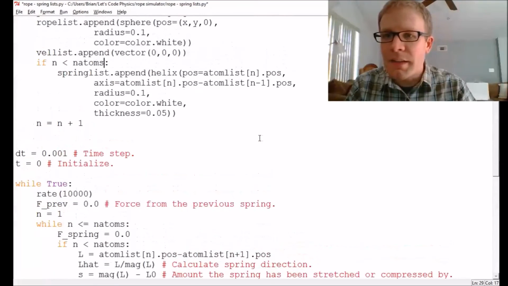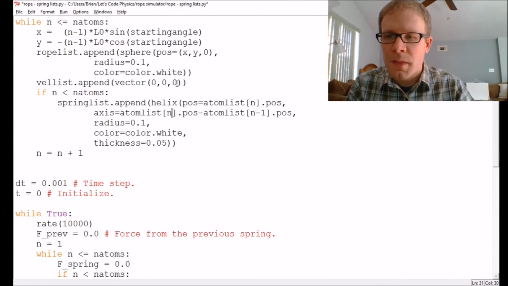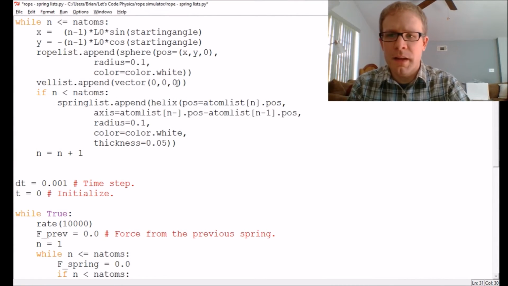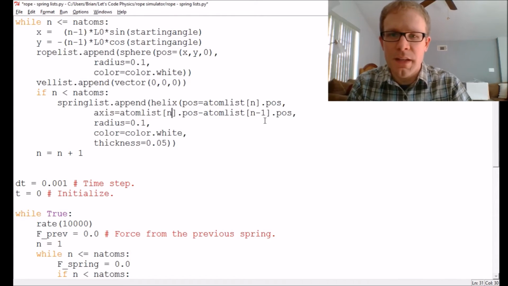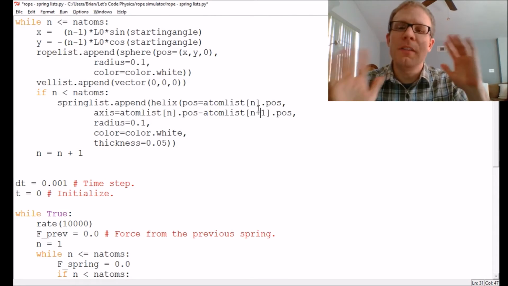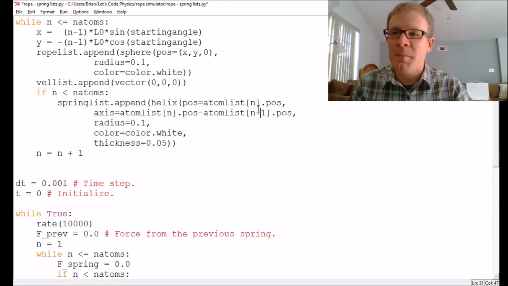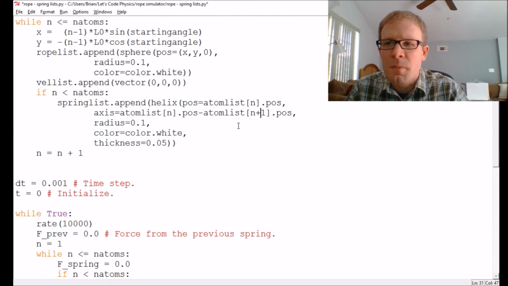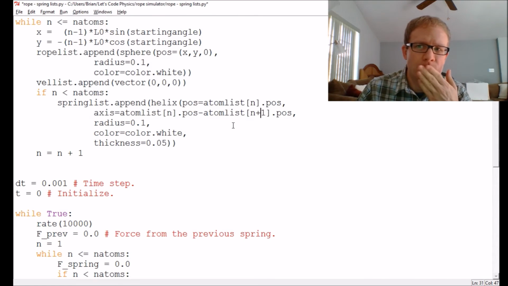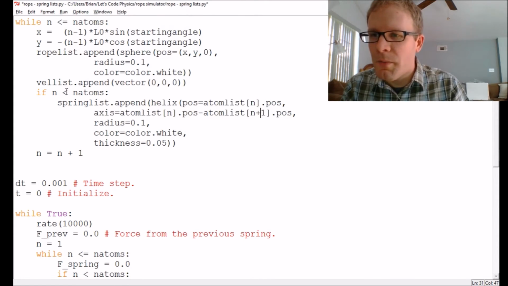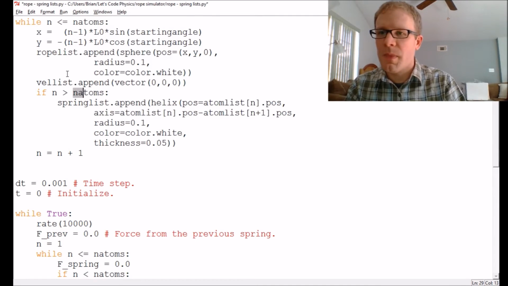Oh, and in that case, I need to have n minus 1 to... Oh, actually, no, let's make this one n to n plus 1. I should have had the match from the beginning. My bad. Is that how I want to do that? No, that's not how I want to do that. I want to do that as n... Nope, I do want to keep that as the other way.